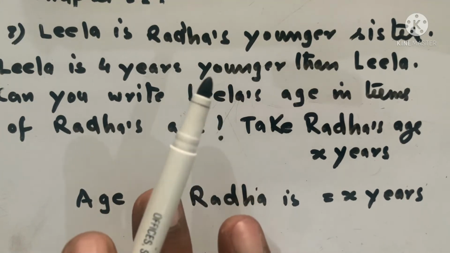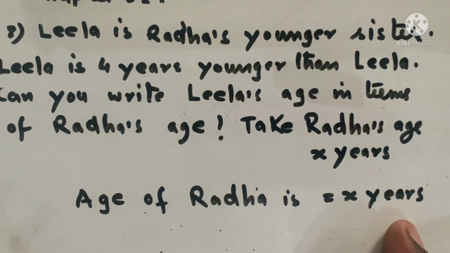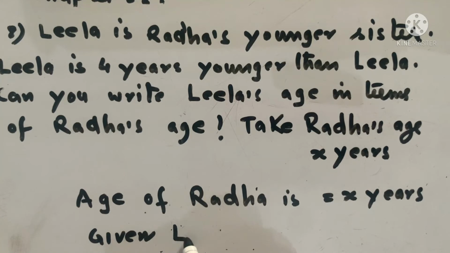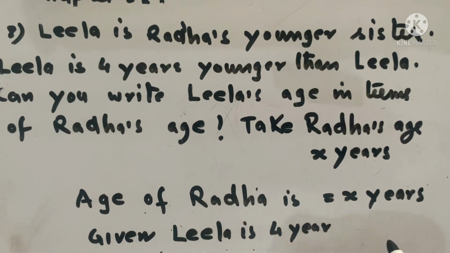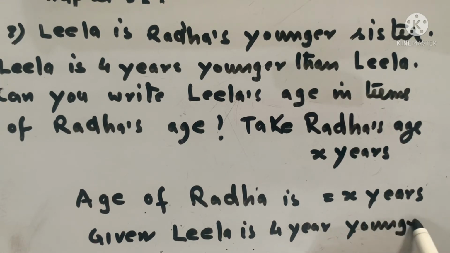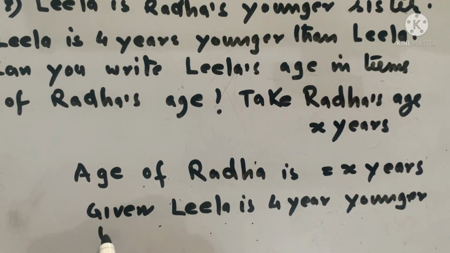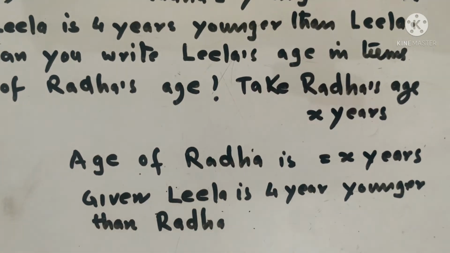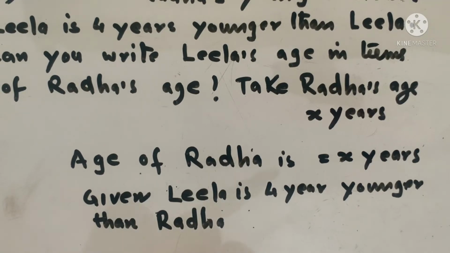Now Radha's age is x years, and it is given that Leela is 4 years younger than Radha. Now we have to write the age of Leela in terms of Radha.